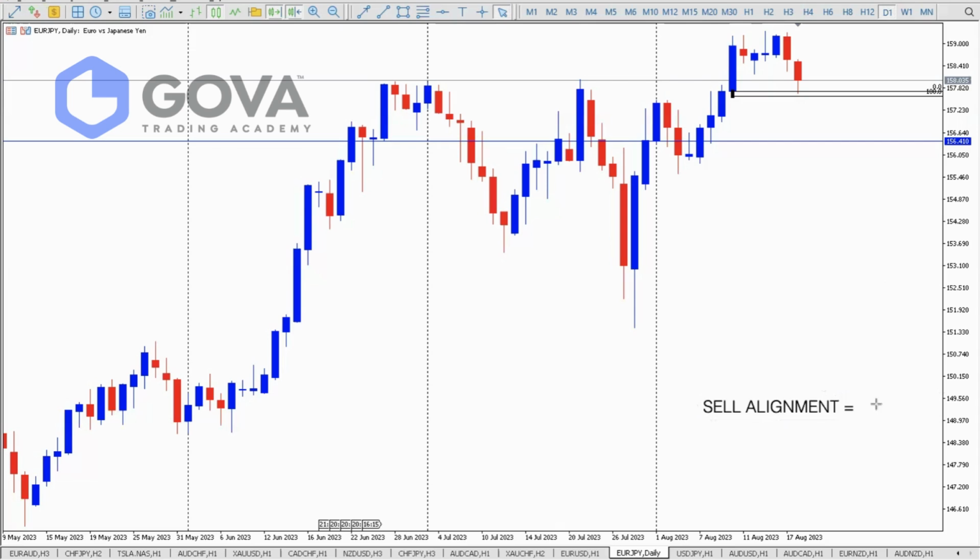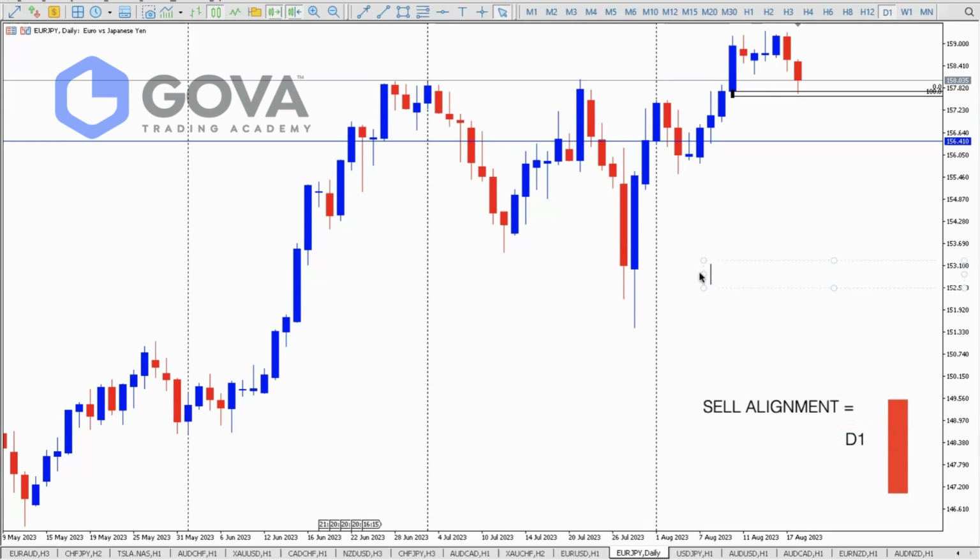And in a sell alignment, this is the type of candlestick we look for: a bearish candlestick on the D1 time frame.